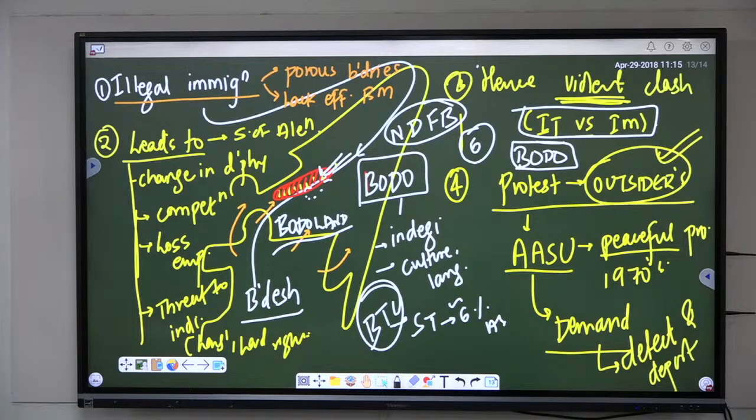Bodos have own language and own culture. Hence, a Bodo statehood movement was started for Bodoland.